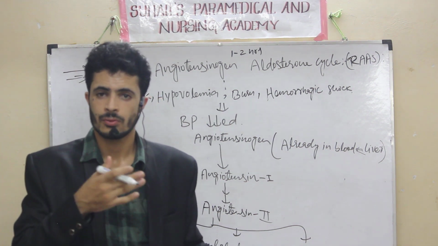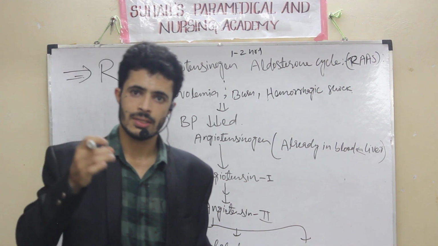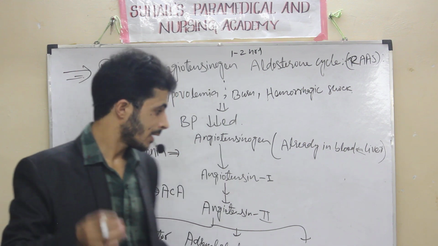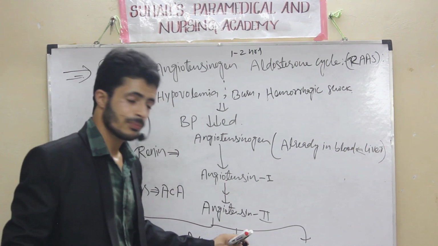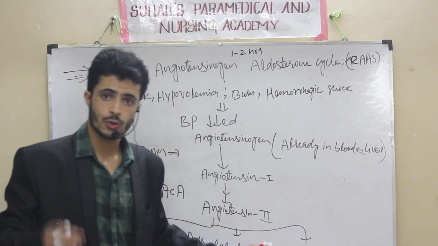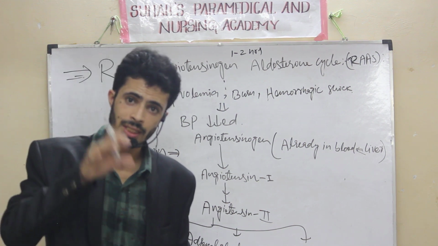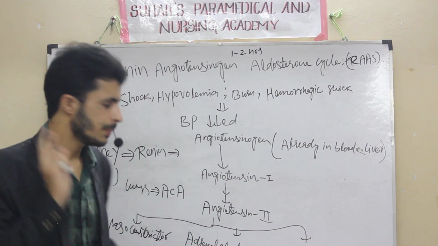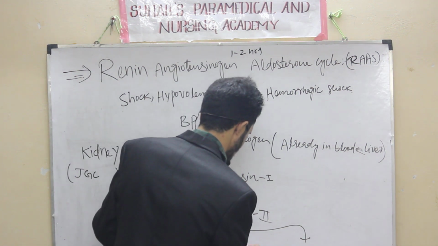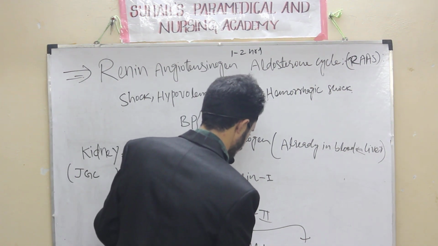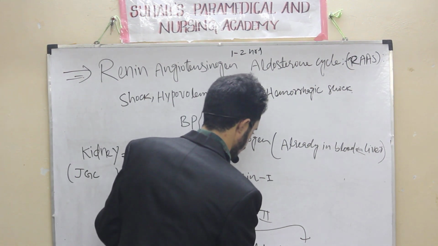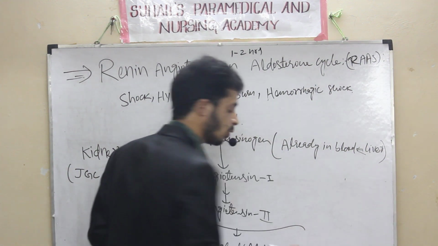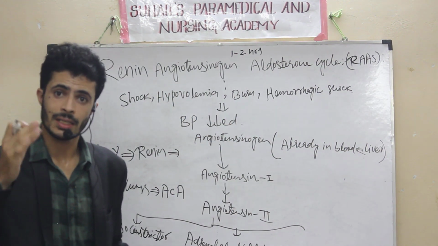There are three parts in the adrenal cortex, I will not go into that detail. Angiotensin second stimulates the adrenal cortex, and from there aldosterone will be produced. What will be secreted? Aldosterone. So aldosterone is produced from the adrenal gland.